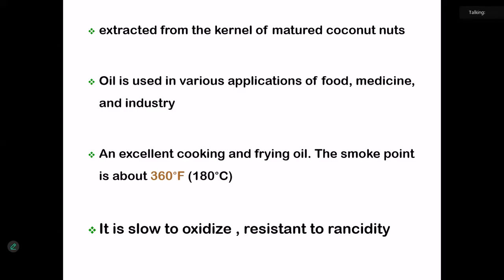Water gradually vaporizes at 100 Celsius. Water boils before oil. What is the reason? The boiling temperature for water is only 100 Celsius, but for coconut oil it is 180. Therefore, water boils first, so it is removed.